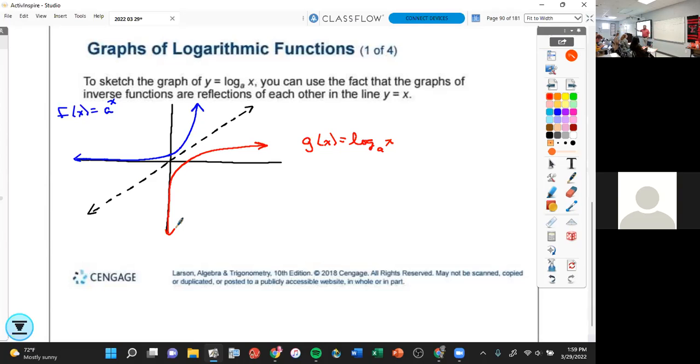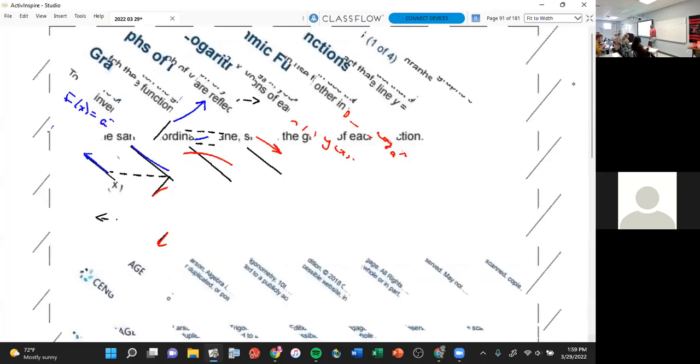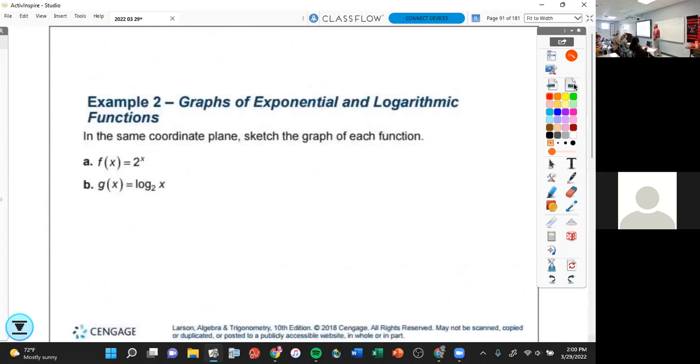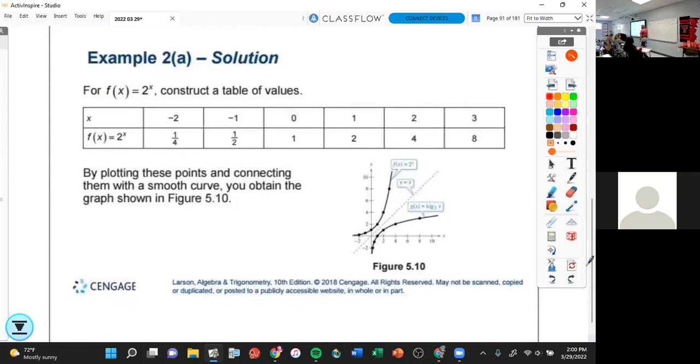Does that all make sense? The next slide says to graph 2 to the x and log base 2 of x on the same graph. Are y'all okay with the fact that I just did that? If you were to plot points, this is what it might look like.